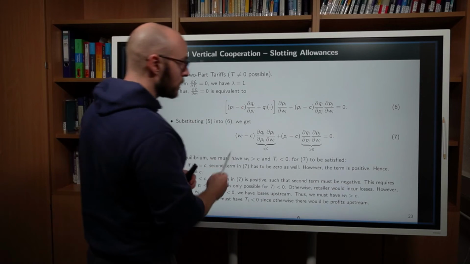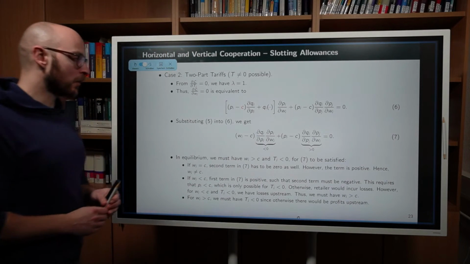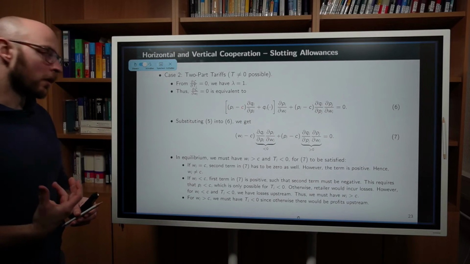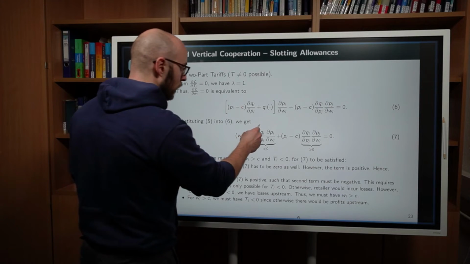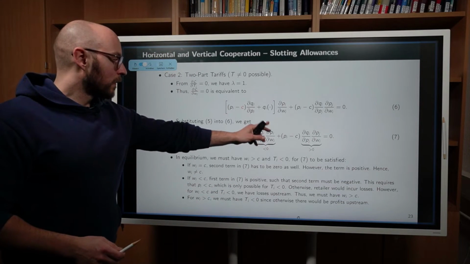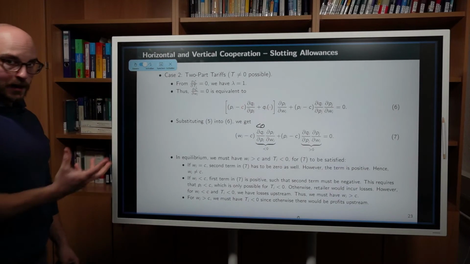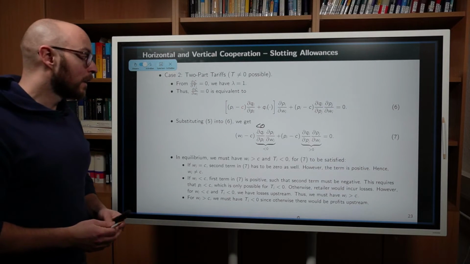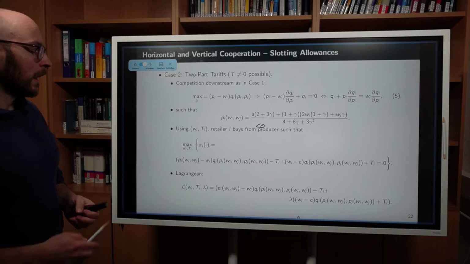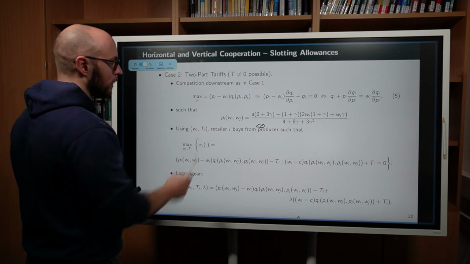However, the remaining terms here, del Qi del Pi is the partial derivative of the demand function of variant I with respect to its own price. And we know that the slope of this term is negative. The derivative del Pi del Wi is the partial derivative of the price of variant I with respect to the wholesale price I. And here we have exactly what we have to differentiate with respect to Wi.